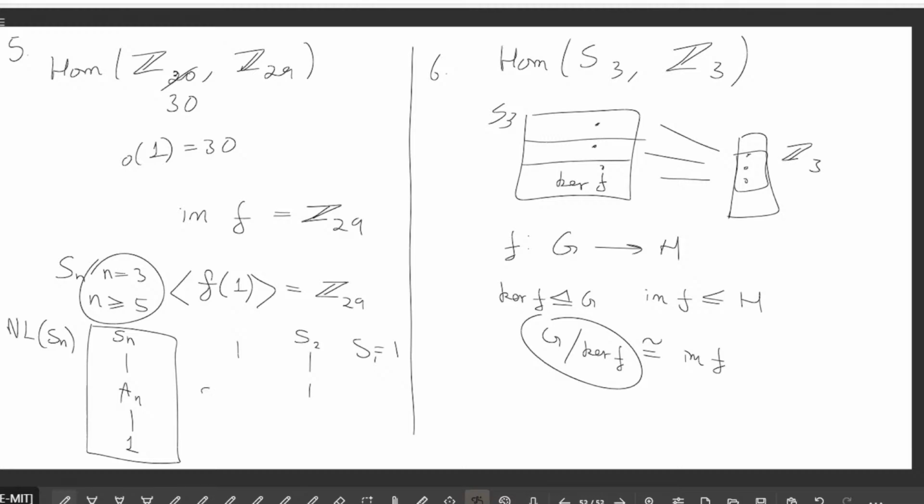Sn mod An is isomorphic to Z2 or S2, whatever you want, an order 2 group. And Sn mod 1 is Sn. So these are the only possible images.